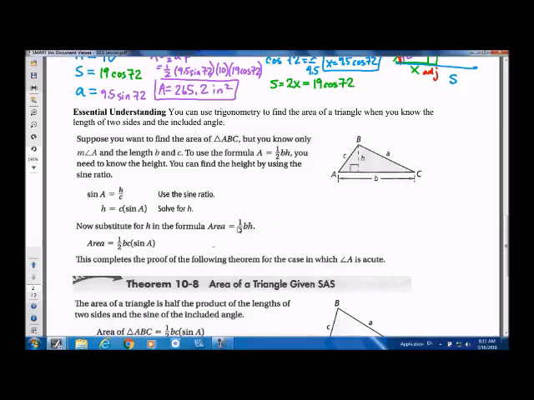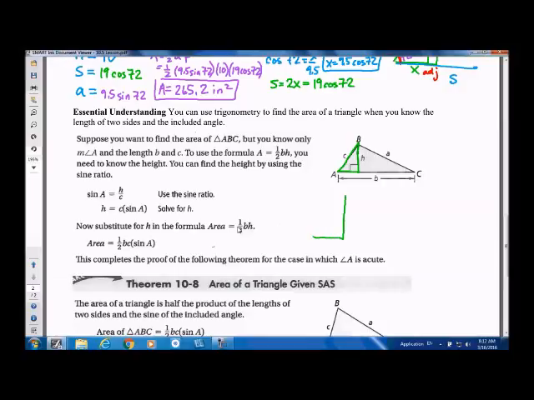All right. We like shortcuts. This is a nice shortcut. If we are looking at this triangle here, and we have sides A, B, and C, and an unknown height H, I look at this and have a right triangle.